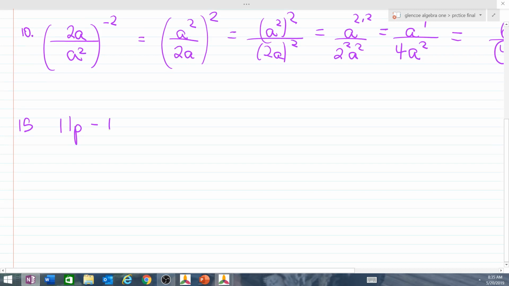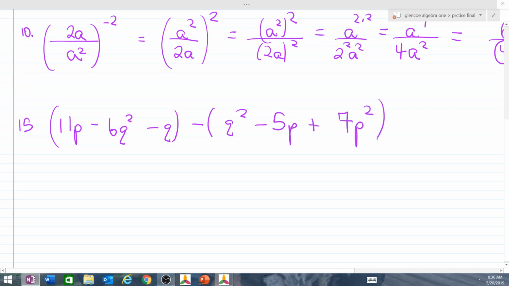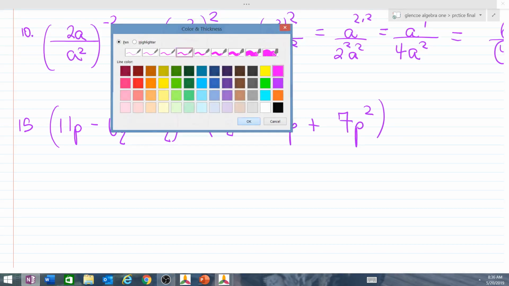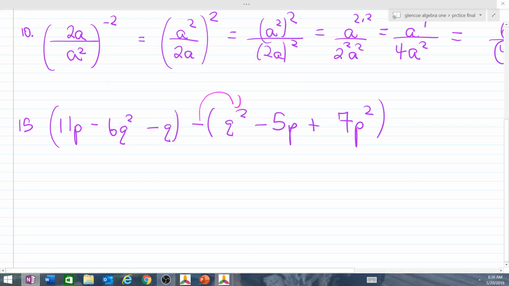11p minus 6q squared minus q minus the quantity q squared minus 5p plus 7p squared. The whole key here is you have to distribute the minus sign to the second parentheses, which means all of the signs are going to change.